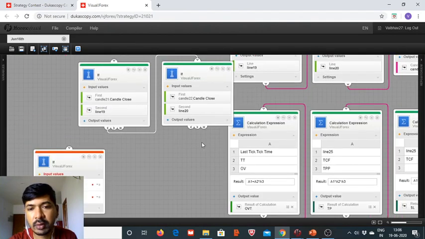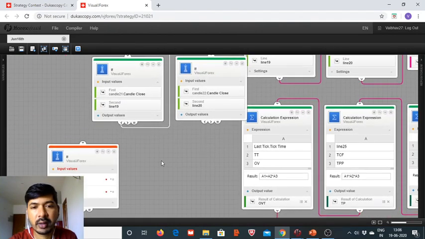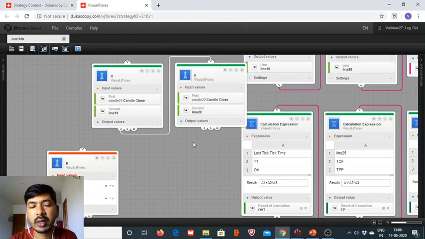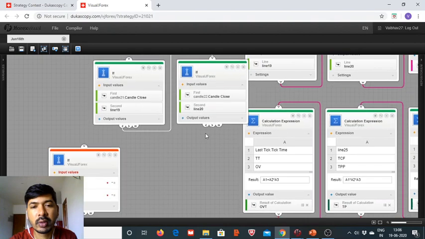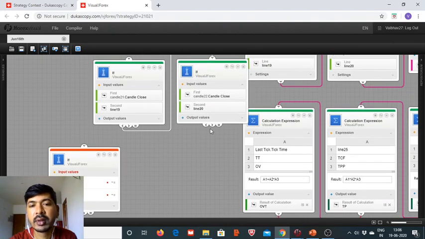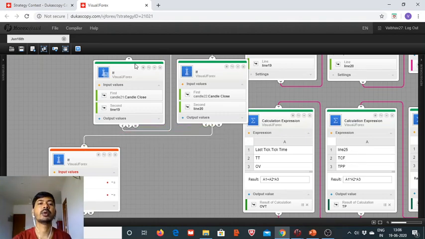That means only during the last hour the transaction is moving below the linear regression intercept, and here first input should be greater than second input.